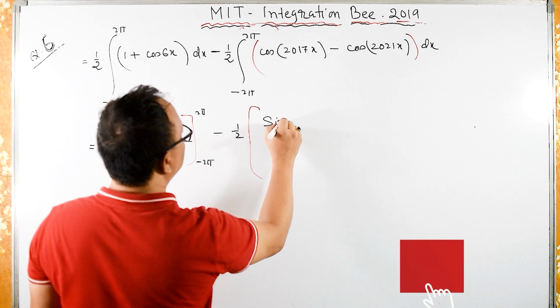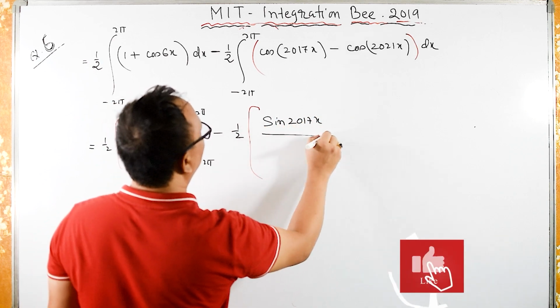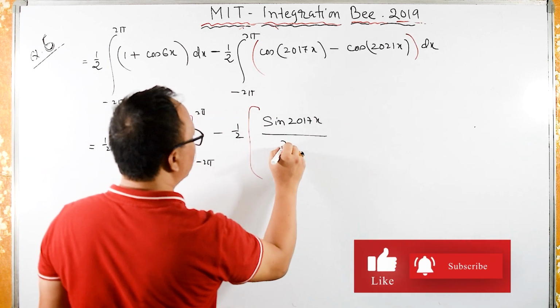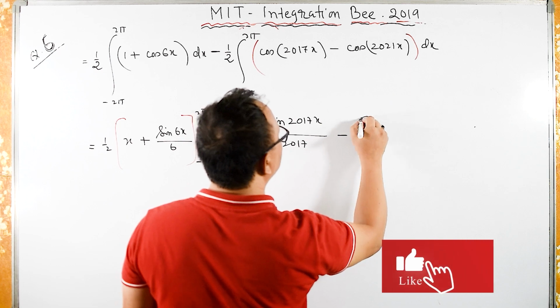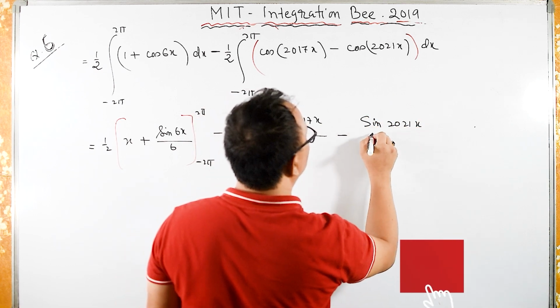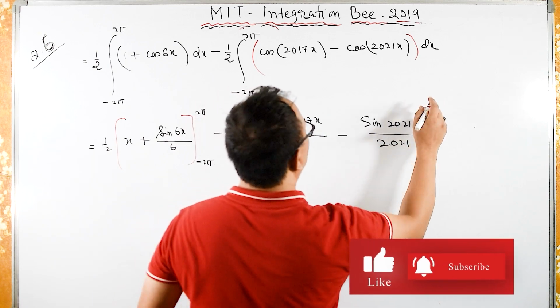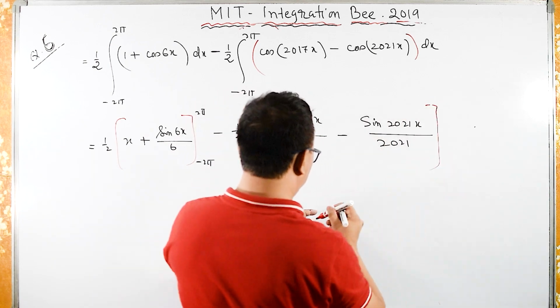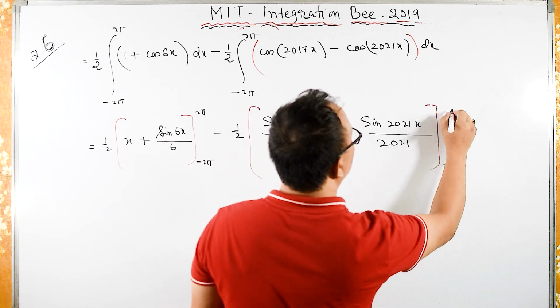Here we have sine of 2017x upon 2017 minus sine of 2021x upon 2021, and the limit is from minus 2 pi to 2 pi.